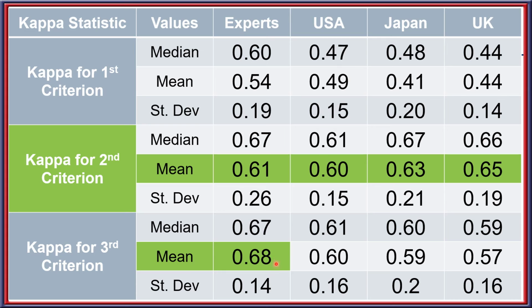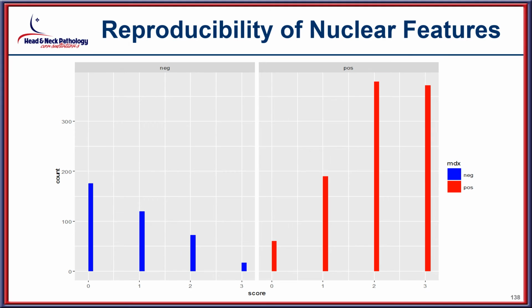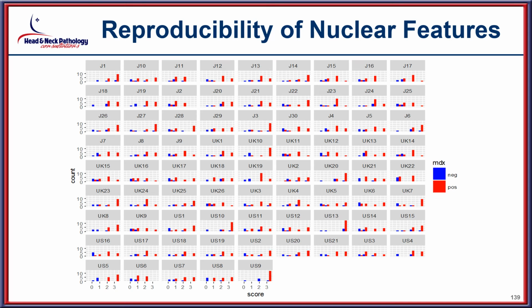However, you can see that the quality of the nuclear chromatin distribution as a single criterion is actually the most reproducible within the group of experts. So apparently, the experts definitely rely on nuclear chromatin clearing out and margination to the periphery to come up with an accurate diagnosis. So the nuclear features were separated between those that did and did not have molecular findings associated with them.